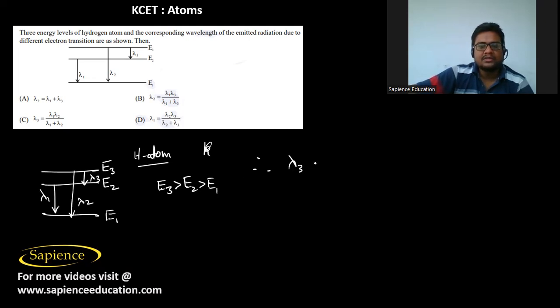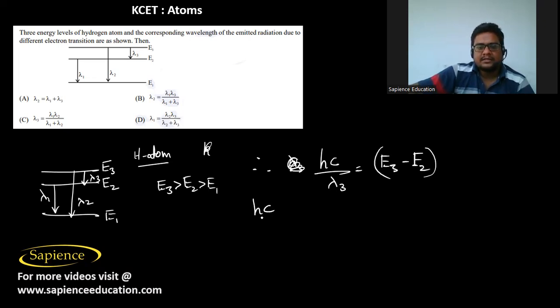So I can say that the energy of transition, which is hc by lambda 3, equals E3 minus E2. Similarly, hc by lambda 2, which is the energy of transition from E3 to E1, will be E3 minus E1. And also hc by lambda 1 will be equal to E2 minus E1.